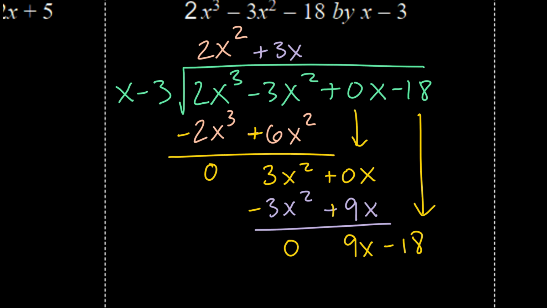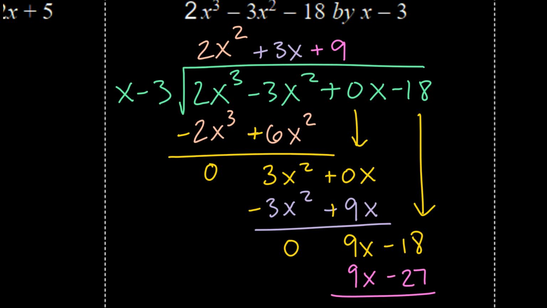And I repeat. What times x will give me 9x? 9. And then I multiply it back in. 9 times x is 9x. And 9 times -3? -27.